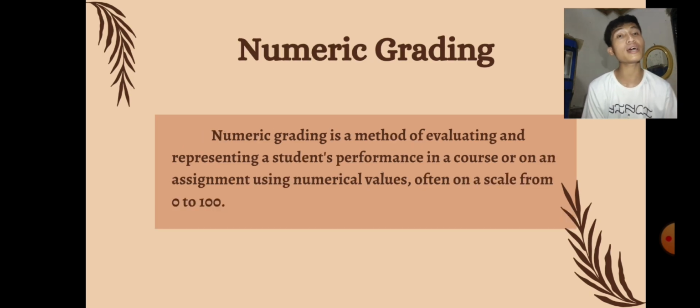The next one is the numeric grading. Numeric grading is a method of evaluating and representing a student's performance in a course or an assignment using numerical values, often on a scale from 0 to 100.